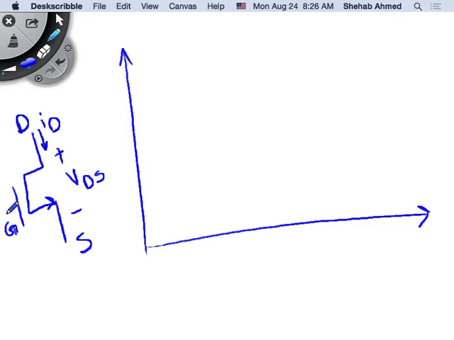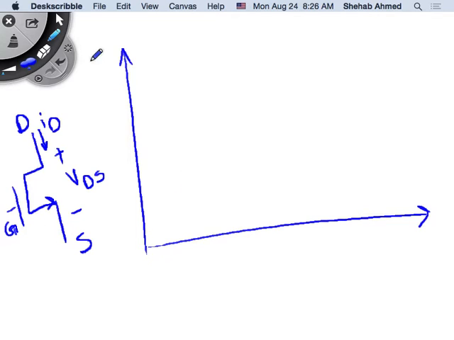So what were you doing mainly in 325 in relation to this device? What were you studying? You were studying amplifiers. You were trying to make sure that the gate to source voltage has a certain value by sticking certain values of resistors around the device to make sure that the device operates in a certain fashion, right?